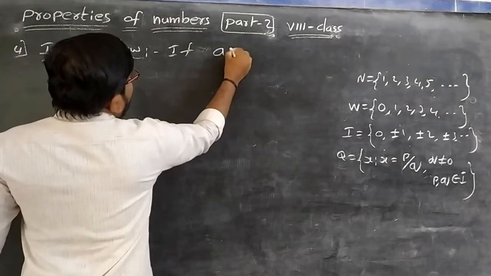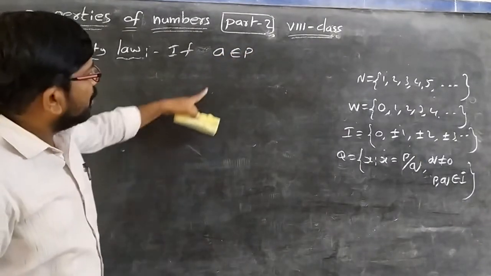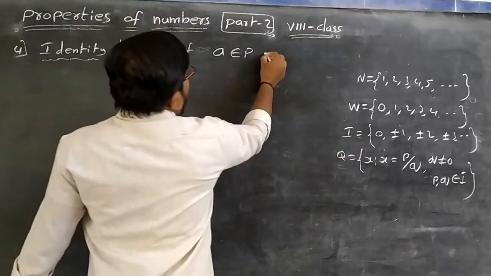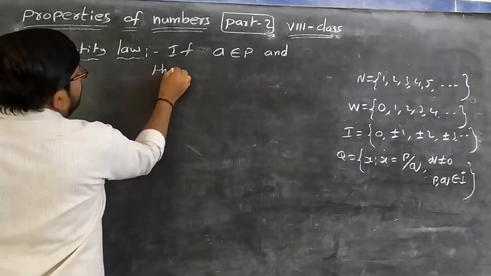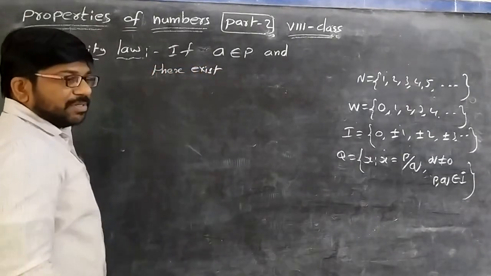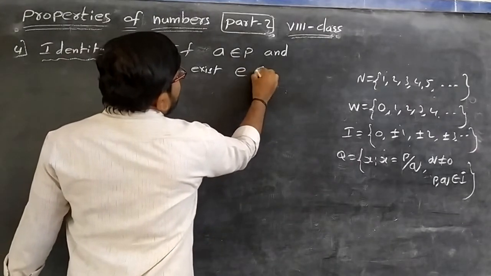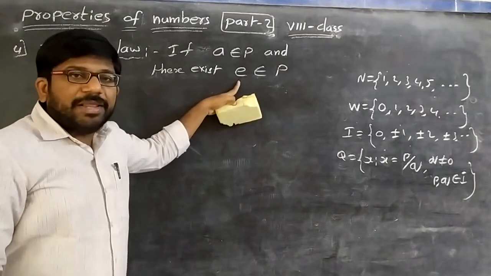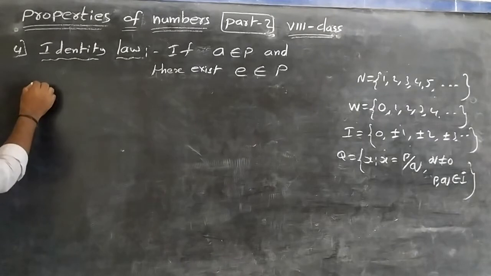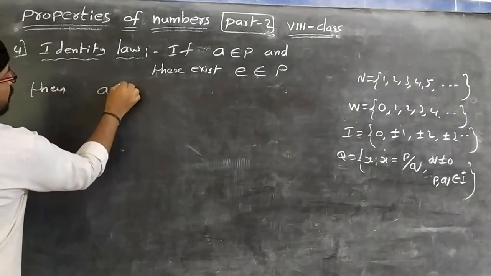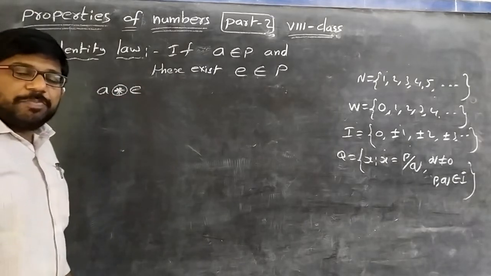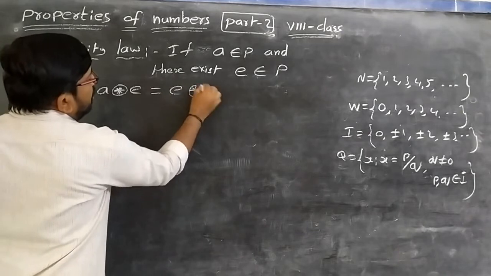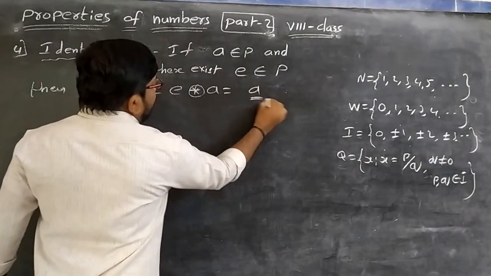If A belongs to P, A is any number, it belongs to a set of numbers P, and there exists another number E also belonging to P. Then A star E, star is any operation which is either plus or minus or into or division, A star E is equal to E star A is equal to A only, right?